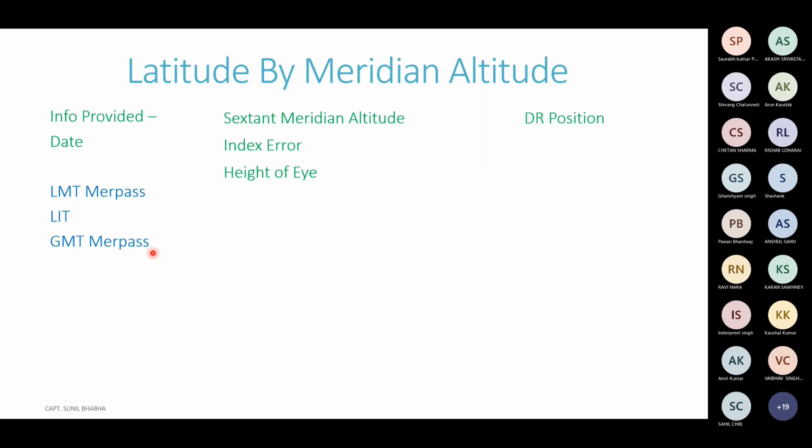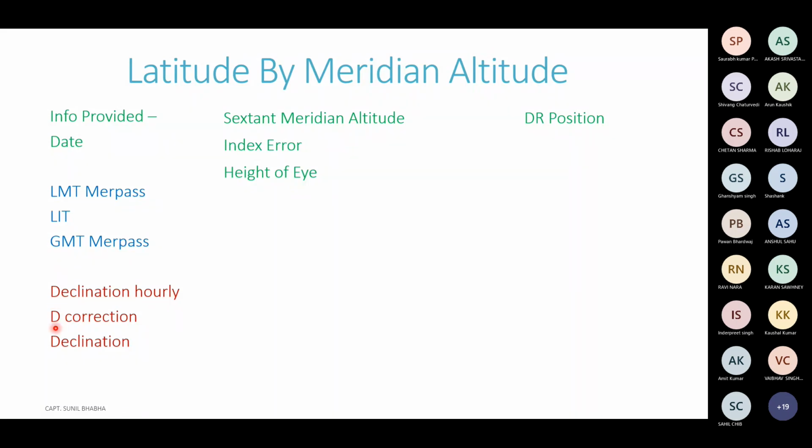For all the other bodies, sun, moon, as well as the planets, the declination keeps on changing hour to hour, minute to minute. So we require the time of observation for sun, moon, as well as the planets. Now, once the GMT Marpas is available to us, we can now pick up the declination. The hourly declination is picked up from the date page.